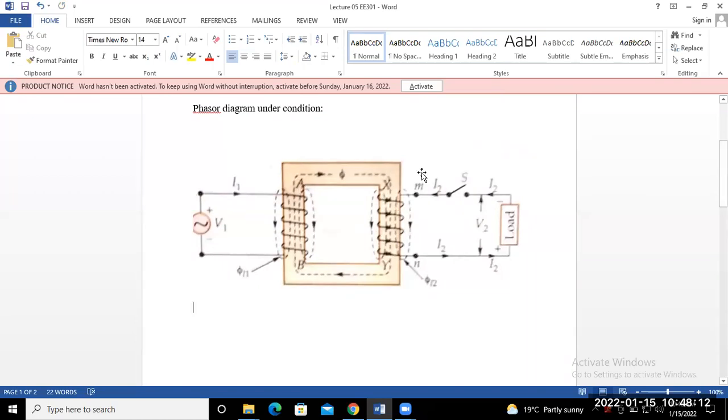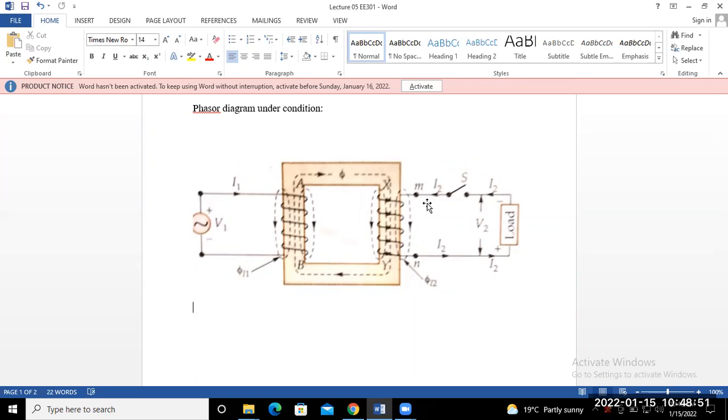This diagram we already explained: how the magnetic flux path flows in the core, and actually this part we already covered along the primary side when the secondary side was no load. That means you may consider one switch; with the switch open you may consider it the no load condition, and when this switch is connected, that means load is connected through the secondary coil, is it not?